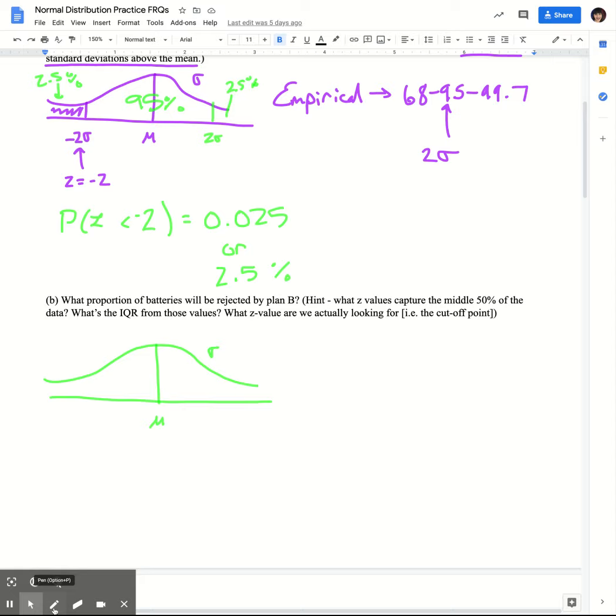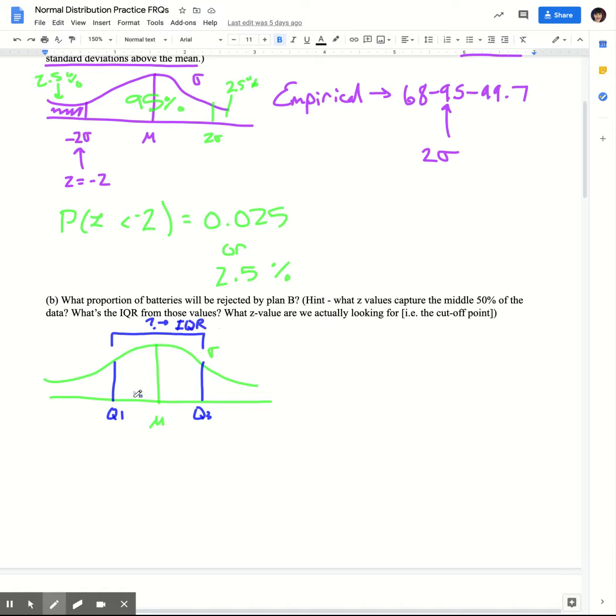Okay, so here, let's say I'm going to do a couple of marks on here. So let's say Q1 is here, Q3 is here. So I need to figure out what this distance is. I need to figure out what the IQR is, right? That's my IQR.